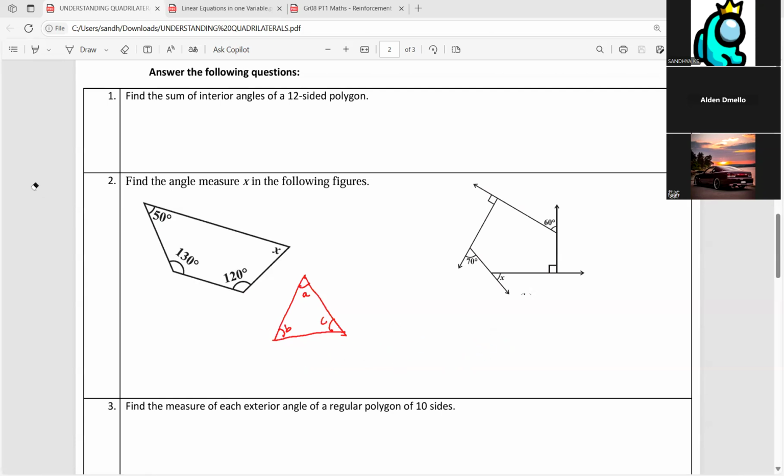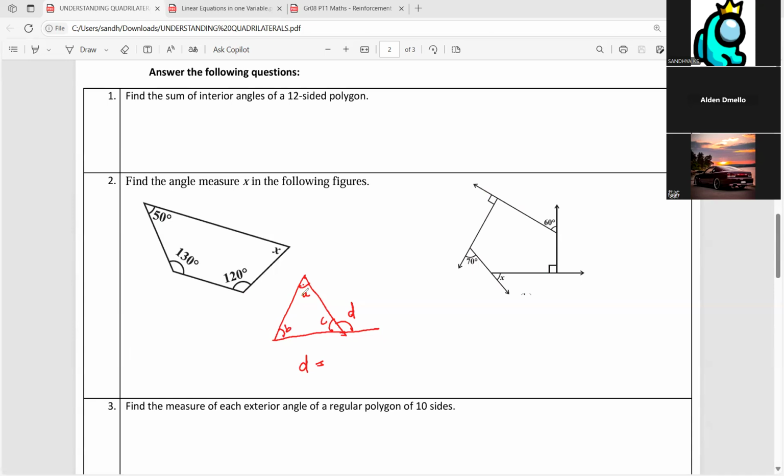Now I want to find the angle outside, that is, I need to find the measure of D. D is the exterior angle. So what will be the measure of D? D will be equal to the sum of interior opposite angles.